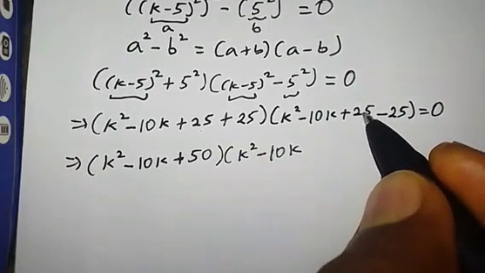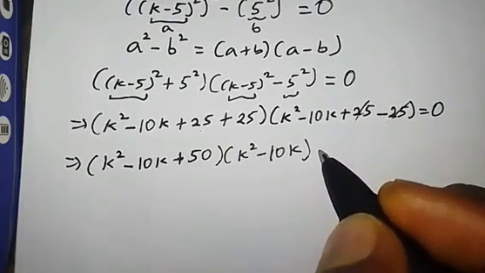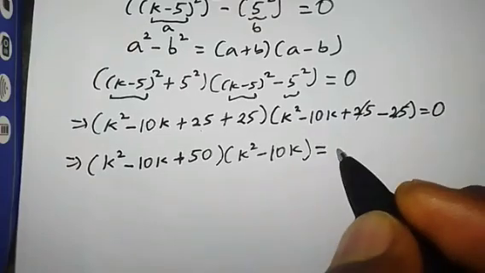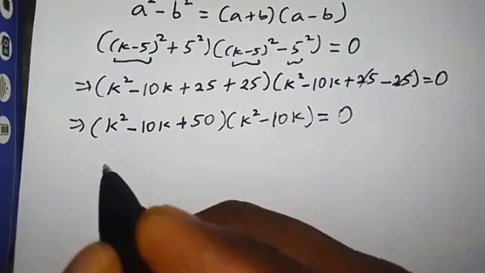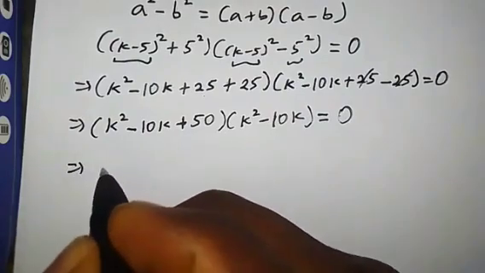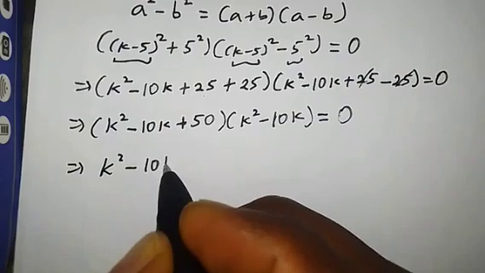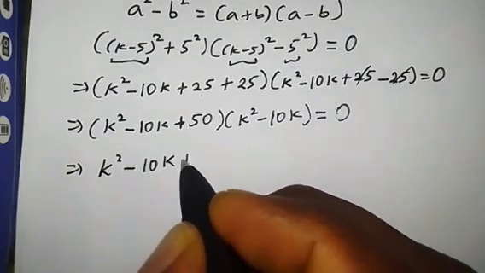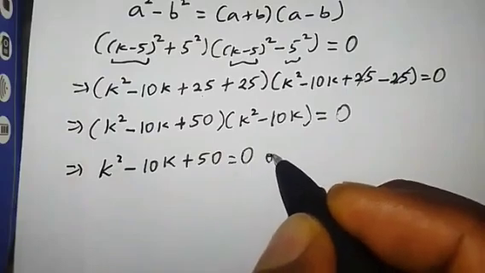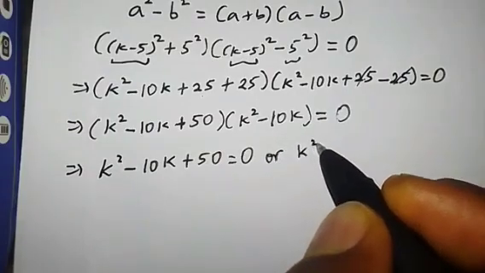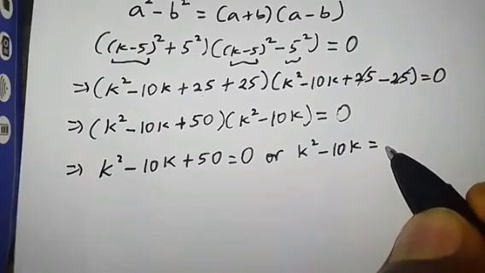Clearly 25 minus 25 goes, so close the bracket, equal to 0. Let's continue. This means that k squared minus 10k plus 50 is equal to 0, or k squared minus 10k is equal to 0.